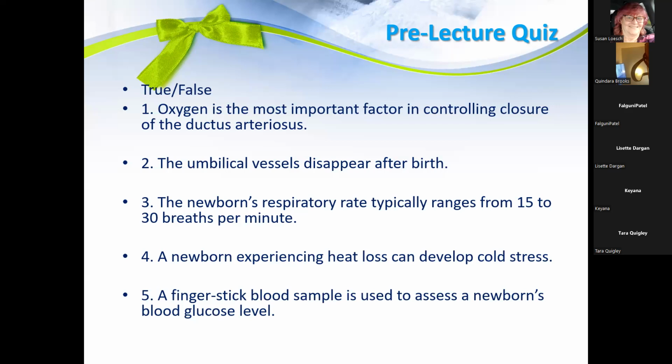So here's the question. Can you see it now? Yes. All right, is oxygen the most important factor in closing the ductus arteriosus? Has anybody read this chapter?